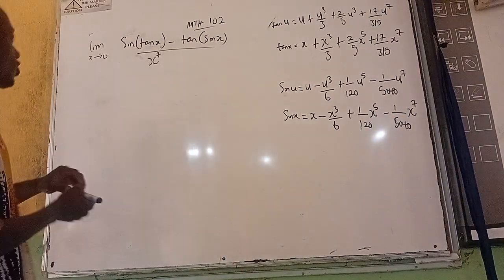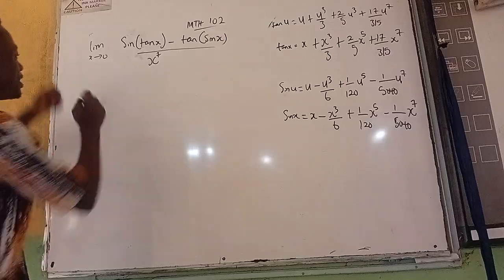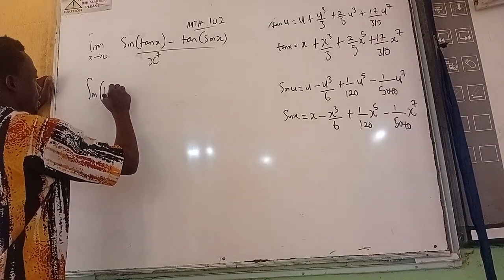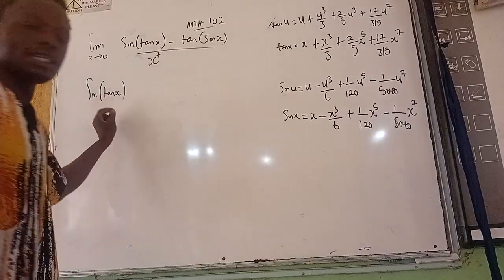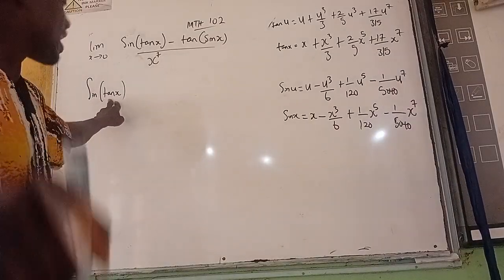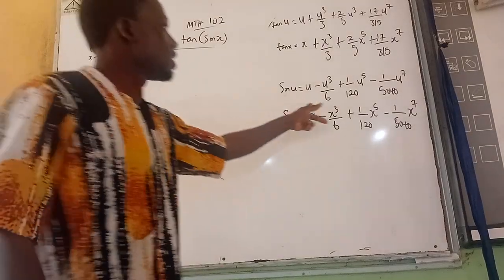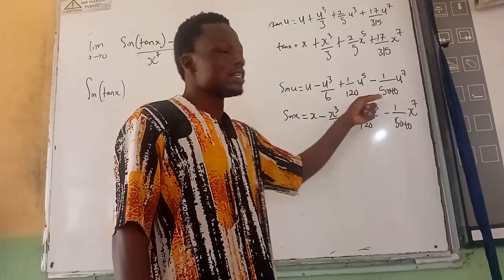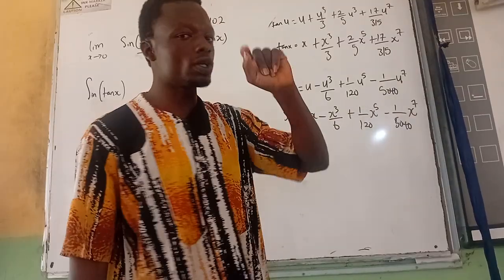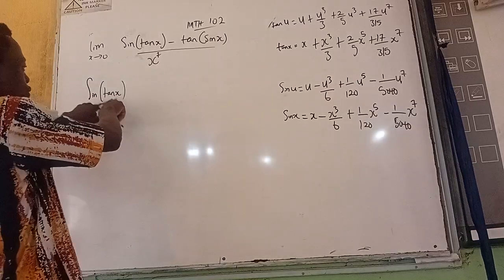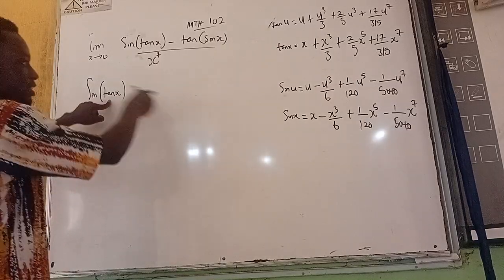Now let's start from sine tan x. Assuming our tan x there is u. So what is sine u? This. So we are going to write this, but wherever we see u, we are going to put tan x. Sine u, but our u now is tan x.